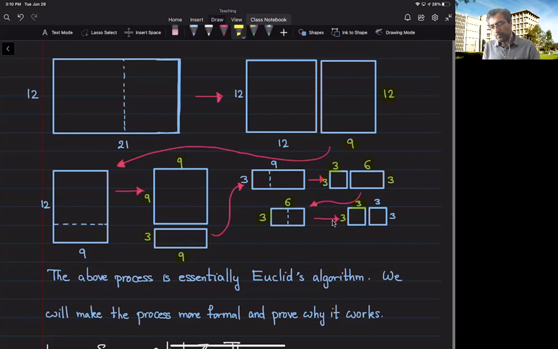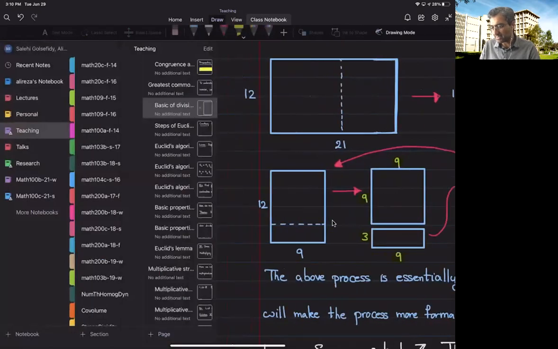So next, what we are going to show is, in fact, that every step is valid and doesn't change GCD, meaning GCD of A and B is the same as GCD of A minus B and B. That's what we are going to prove next.